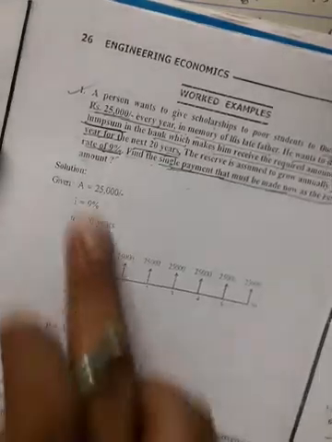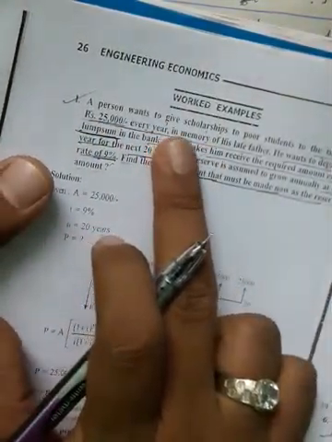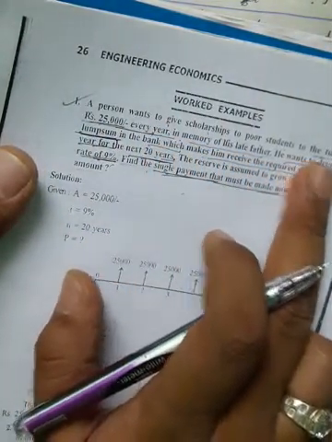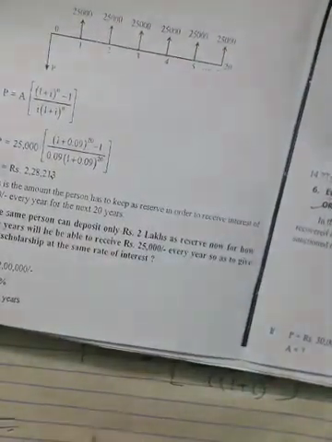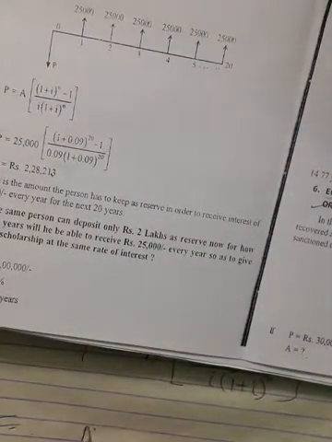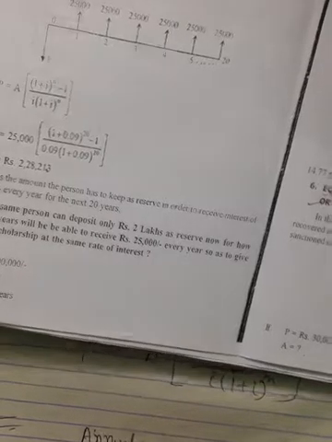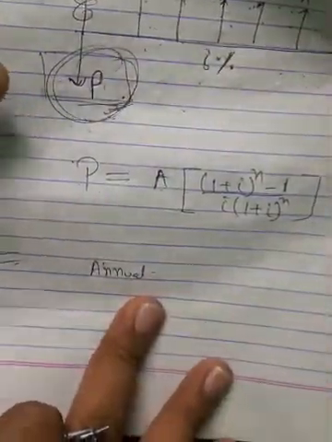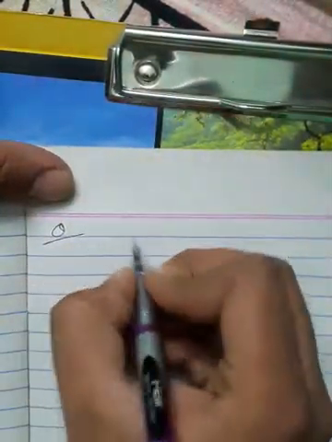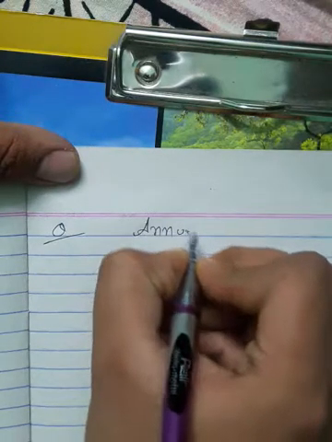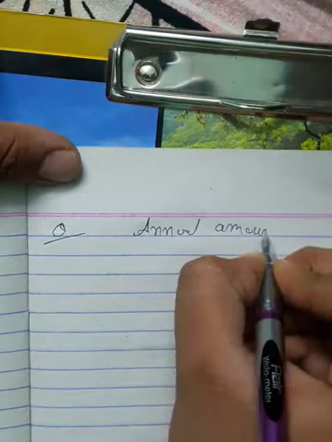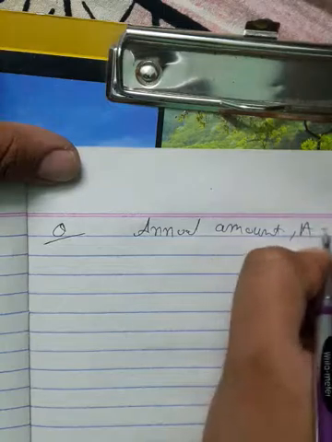So write whatever is given. A person wants to give a scholarship to poor students to the tune of 25,000, so that is the annual amount that person is going to get. A is 25,000.